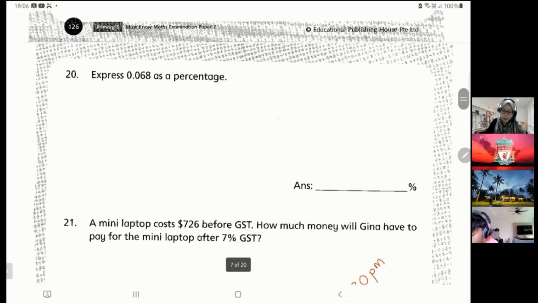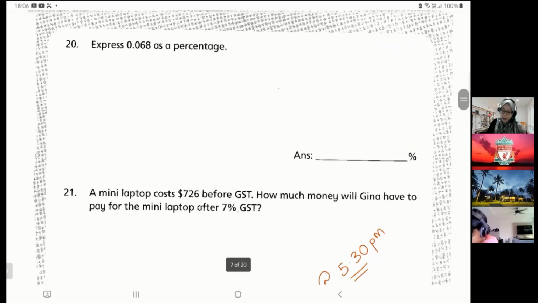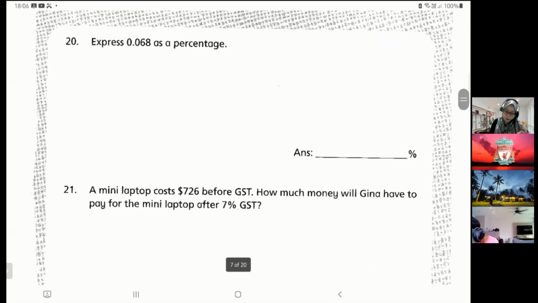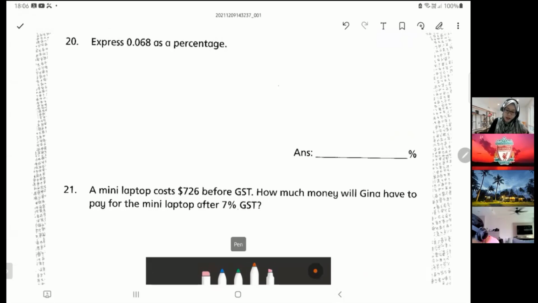Next one, number 20 and 21. Express 0.068 as a percentage. Okay, so I have 0.068. I want to change to percentage. You know that percentage means I will have to times it with 100%. But how do we do that?